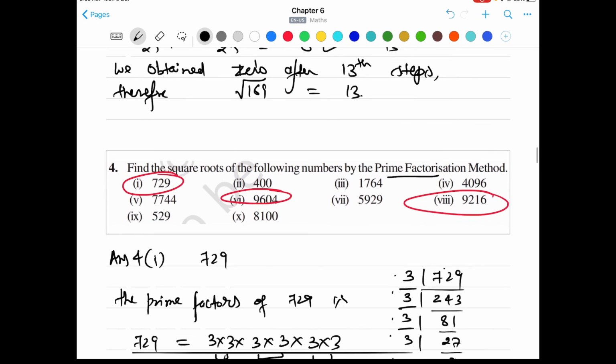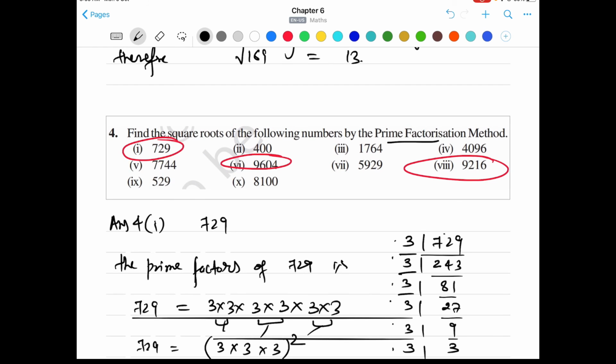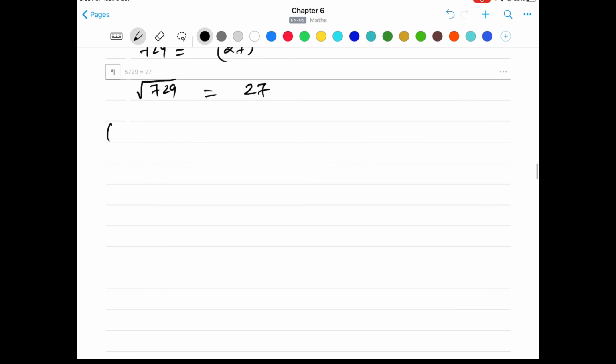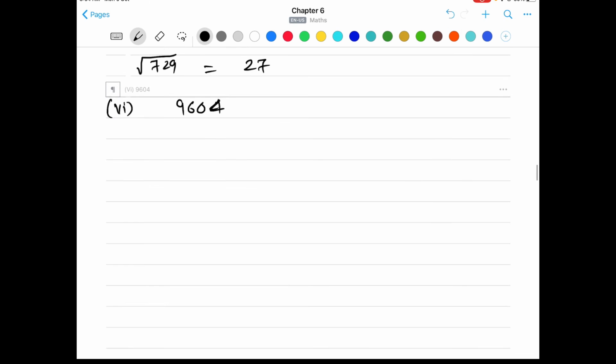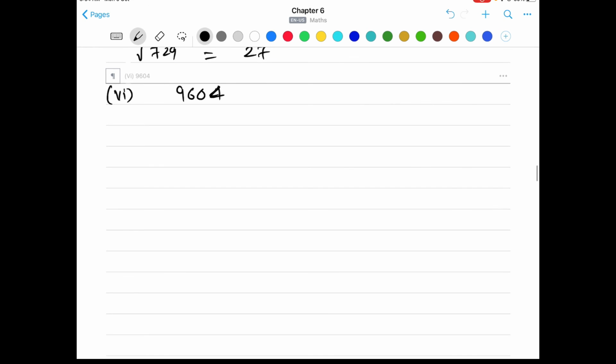Now moving ahead, we'll do the next, part 6, which is 9604. Again, we are going to start by finding its prime factors. The number is 9604.